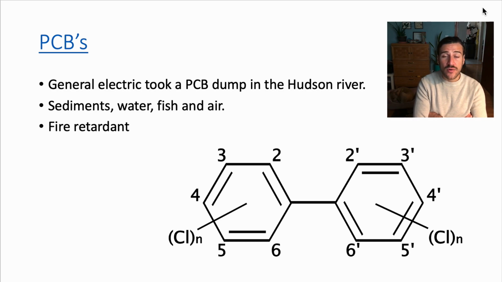PCB was a fire retardant, and if you actually travel to New York City and you travel up the Hudson River Valley, these multi-million-dollar homes are there. And unfortunately, still to this day, because of these PCBs, these really, really wealthy families have some of the highest rates of cancer in all of New York.